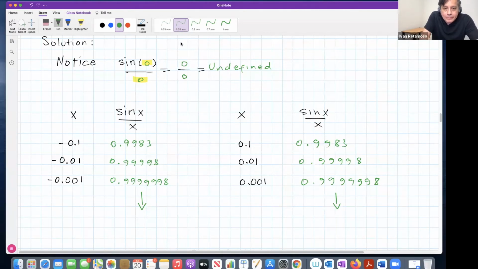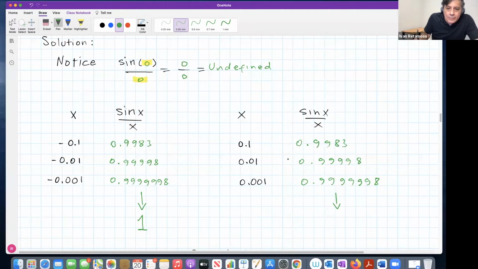Try to remember. So clearly, when we look at our output values here, when we approach from the left, these decimal numbers are clearly going to 1, approaching closer and closer to the real number 1. Same on the right side.